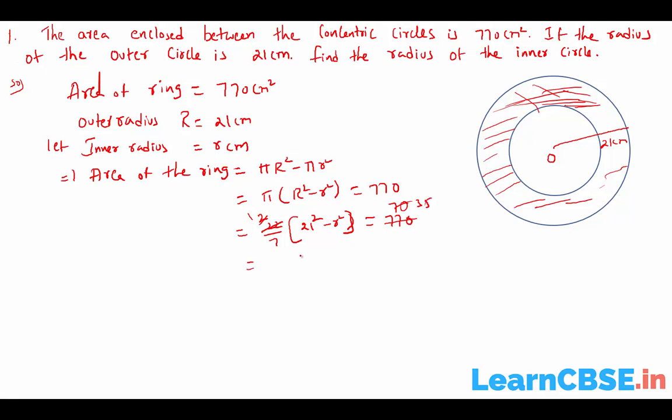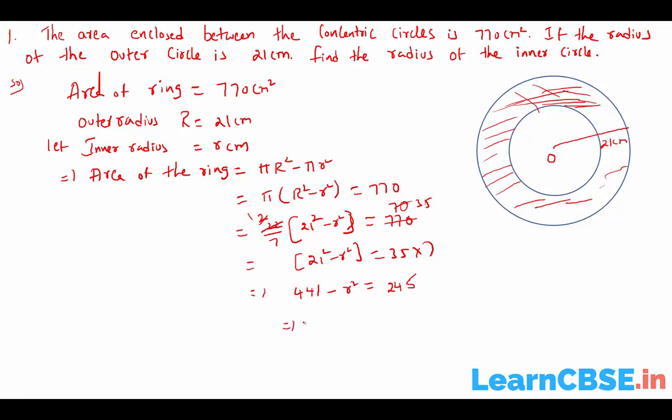Now bring 7 to this side, you'll get 21 squared minus r square equals 35 into 7. Now 441 minus r square equals 35 into 7. So 35 into 7 is 245. Bring r square to this side, 245, that's it.